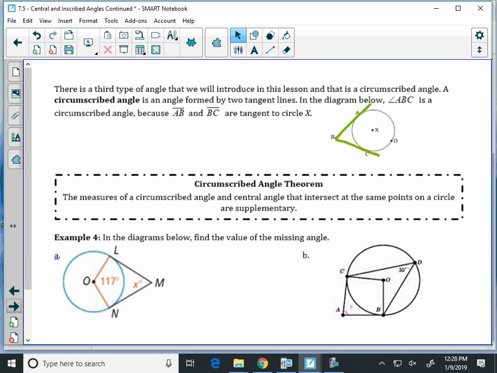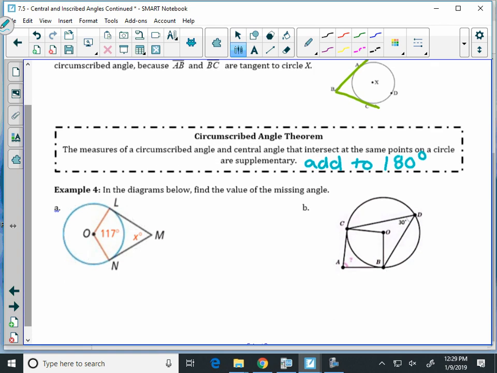And then there's this theorem. It says the measures of a circumscribed angle and a central angle that intersect at the same points on a circle are supplementary, which again means they add to 180. Okay. So we look at these diagrams below.